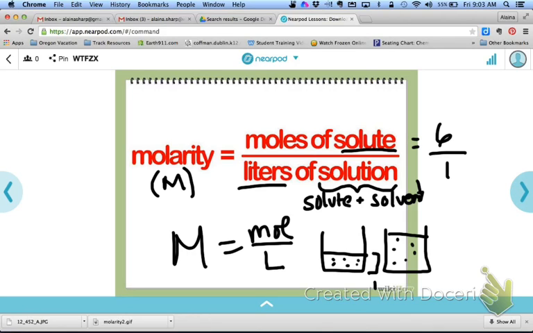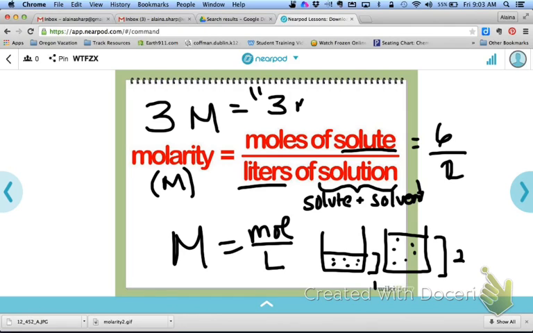But if this was 2 liters, then 6 divided by 2, that would be a 3 molar solution. You would show that as 3 and then a big M and call that a 3 molar, like your teeth, 3 molar solution. That would be less concentrated than our first one, which was a 6 molar solution. We still had the same number of moles in there. It's just showing us how confined or spread out they are.